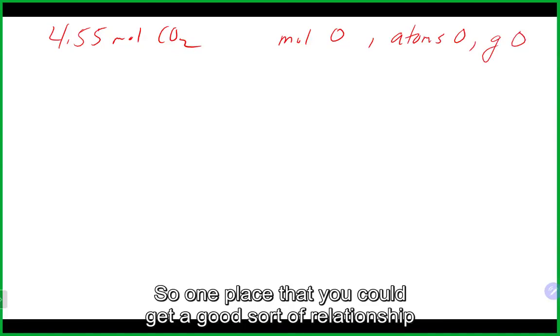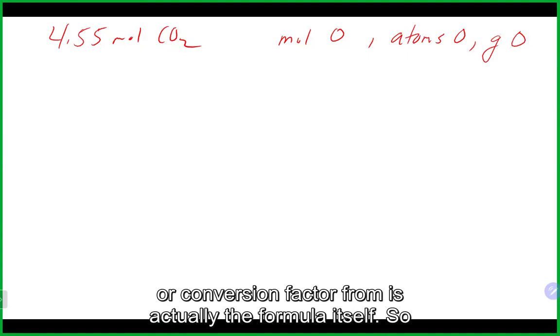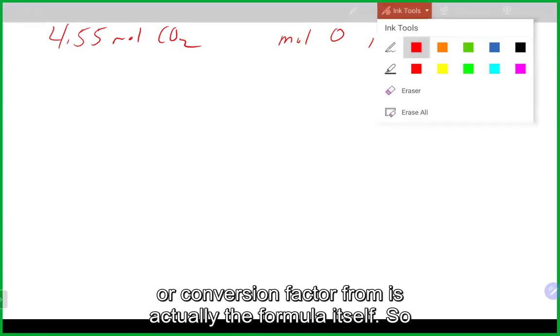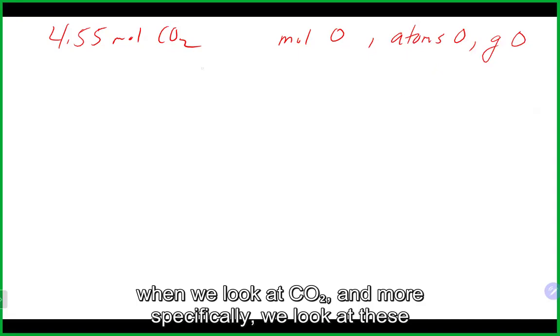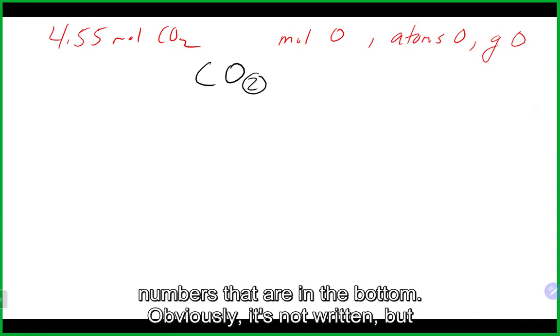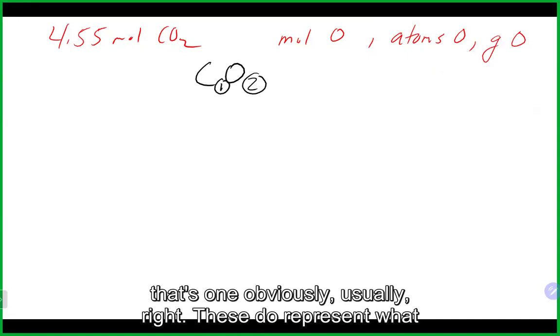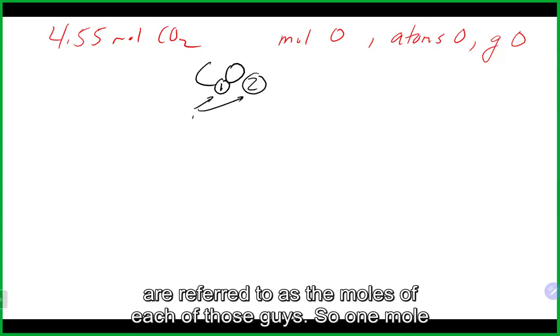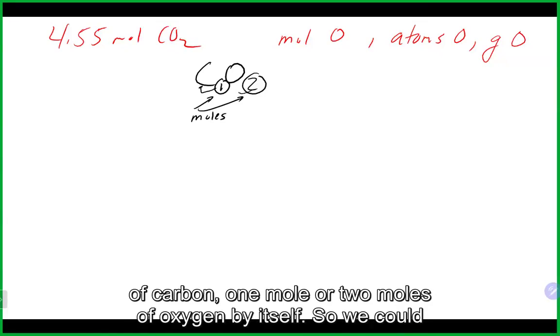One place you could get a good relationship or conversion factor from is the formula itself. When we look at CO2, and more specifically at the numbers on the bottom, obviously it's not written, but that's 1, usually. These represent the moles of each of those elements. So 1 mole of carbon, 2 moles of oxygen.